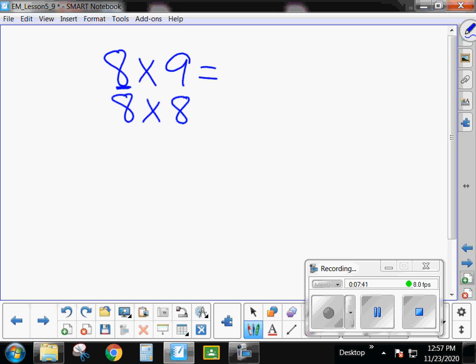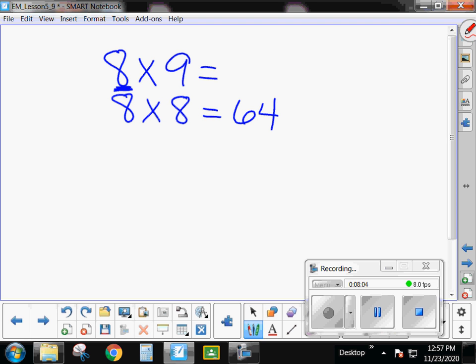And the reason I choose to do that is because then I'll be adding on a group instead of subtracting a group. And you know I don't like subtraction, so I try to avoid it at all costs. So if I choose the smaller factor to double, then I'll have to add on a group. So I'm going to do 8 times 8, and I know that 8 times 8 is 64.